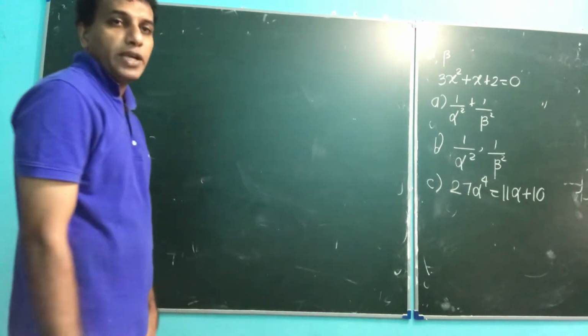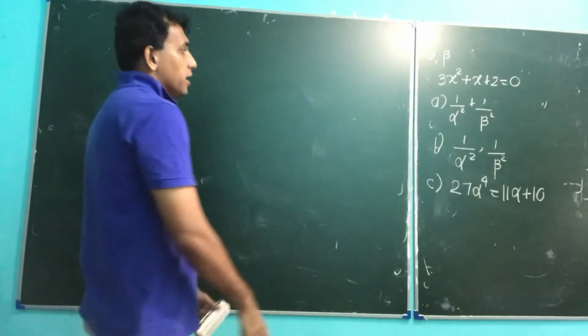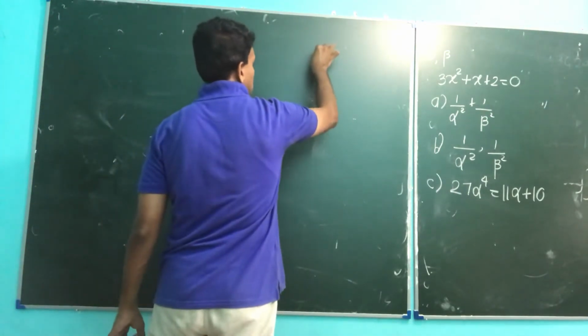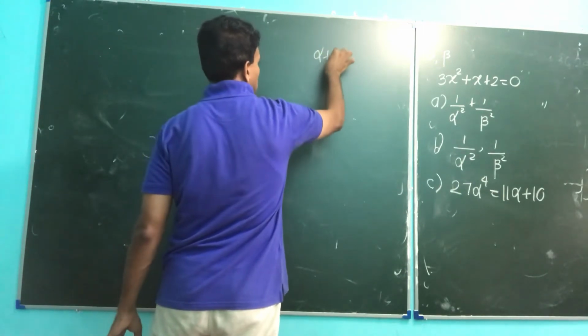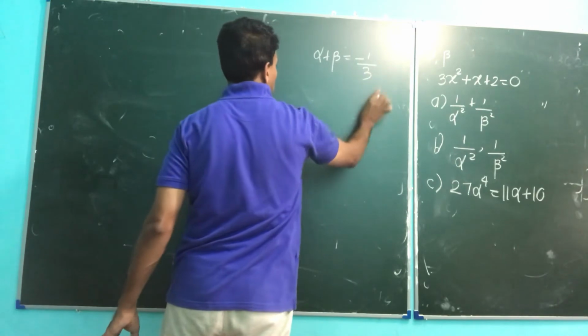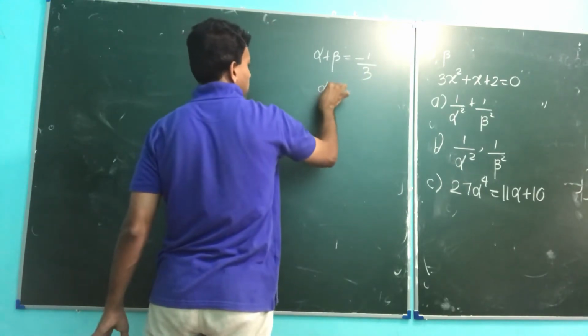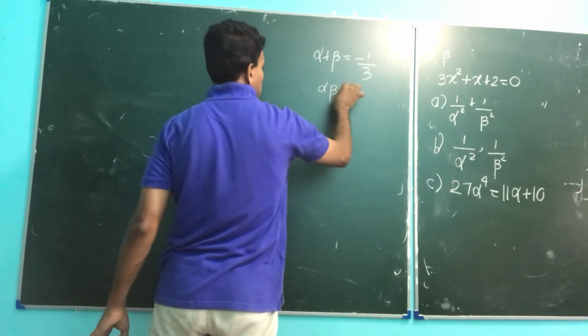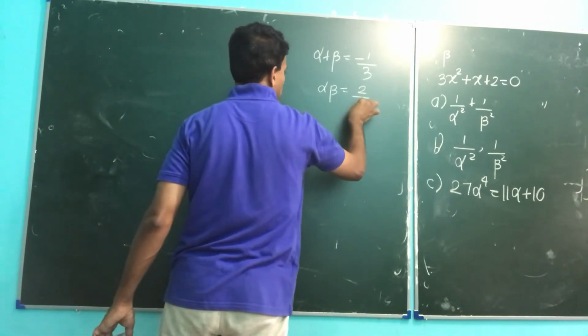So alpha and beta are the roots. Therefore we write our familiar things: alpha plus beta is minus b over a, alpha into beta is c over a.